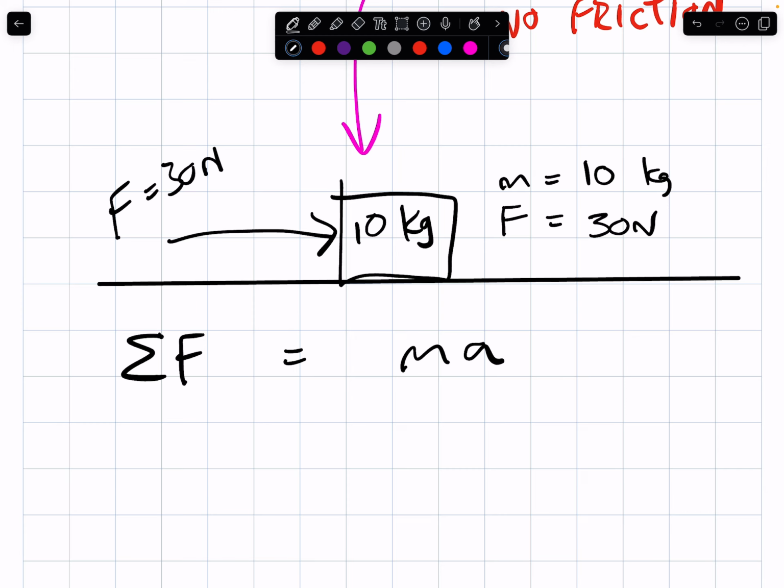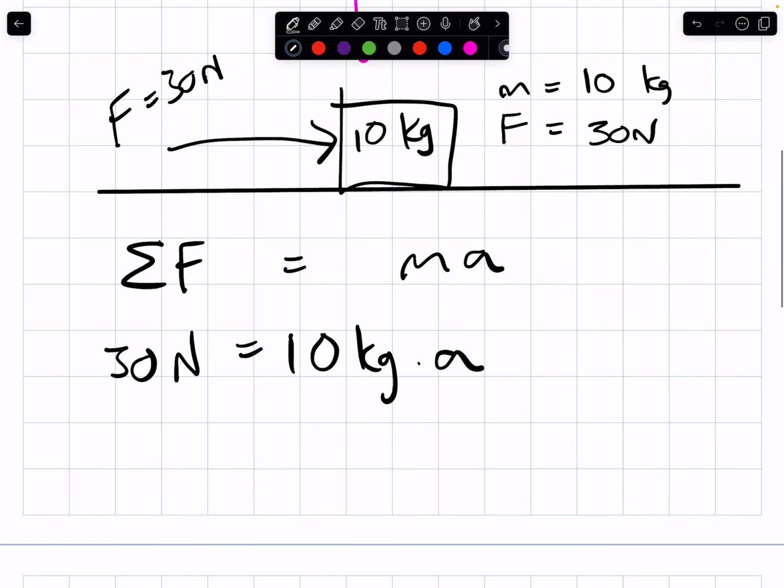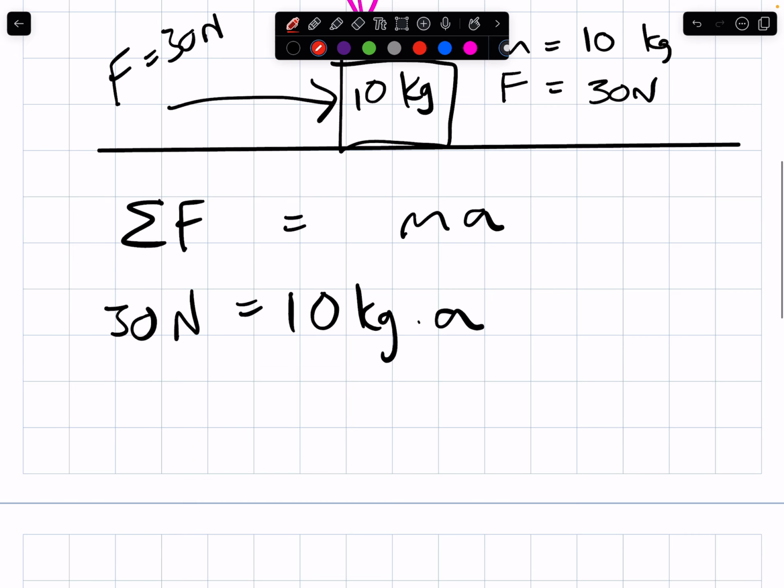So 30 newtons is equal to 10 kilograms times a. So what is the acceleration? 30 is equal to 10 times a. What number times 10 gives you 30? It's 3. But if you need to do this math-wise, we can do that.